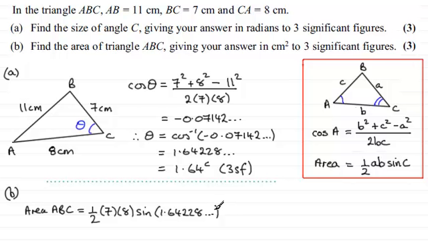Make sure you're in radians mode when you're doing this, because we're working with a trigonometric function, and you should find that the area turns out to equal 27.928 and so on. And if we round this to 3 significant figures, this is going to be 27.9 centimetres squared, to 3 significant figures.